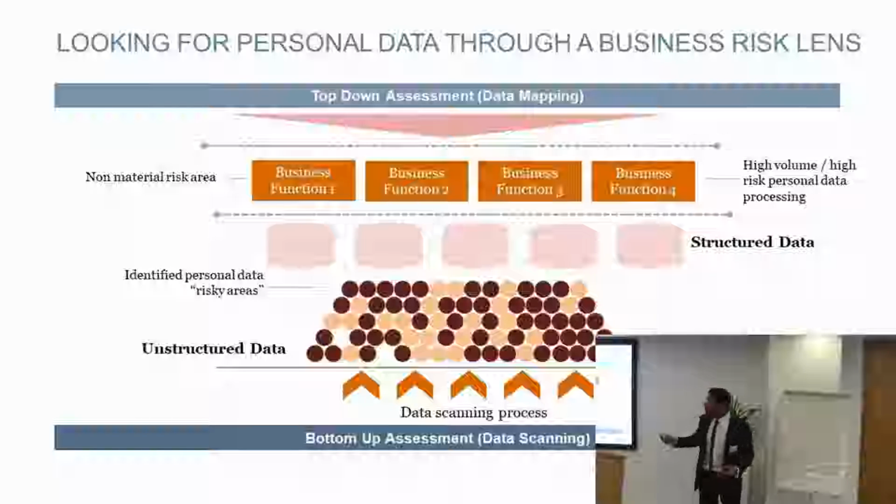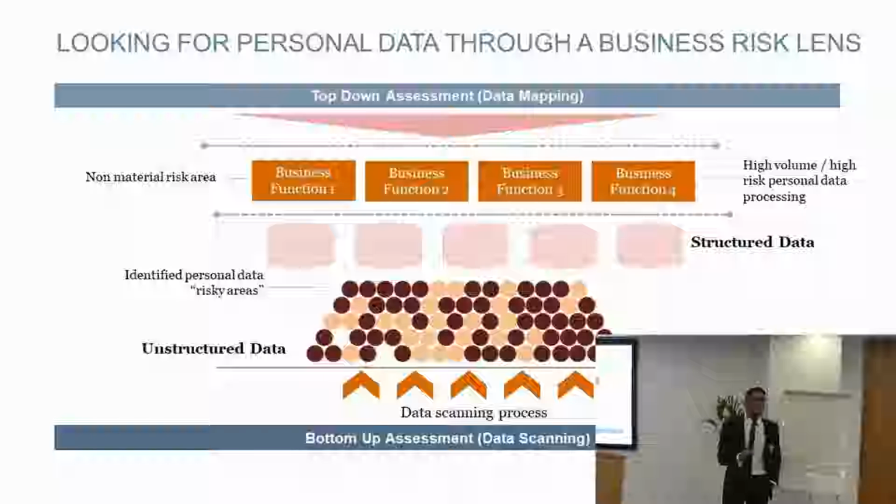Then we would pinpoint what those data points are and use a data loss prevention tool or a data scanning tool to scan across these areas. I won't go through this data scanning methodology in detail, but please feel free to speak to myself or Phil after the session if you want more detail.